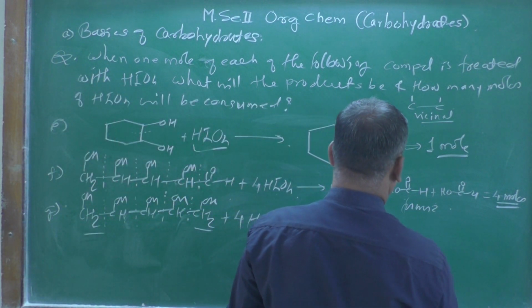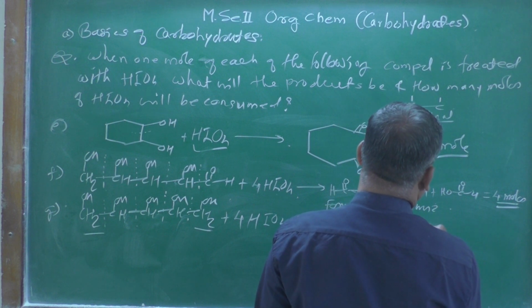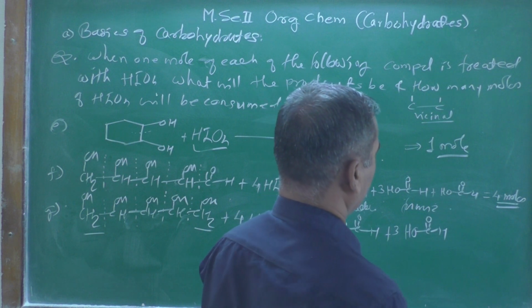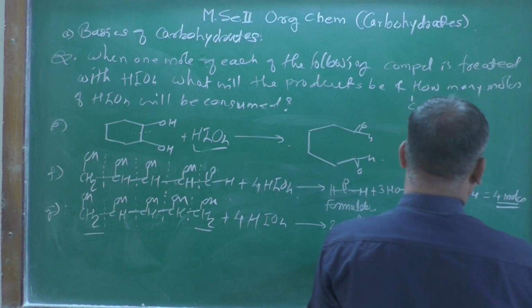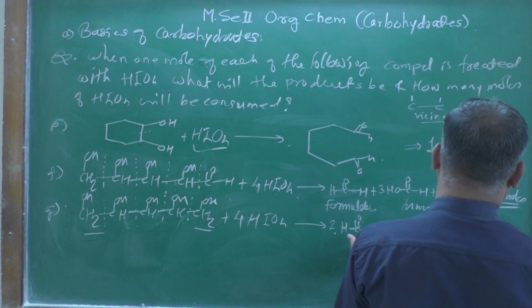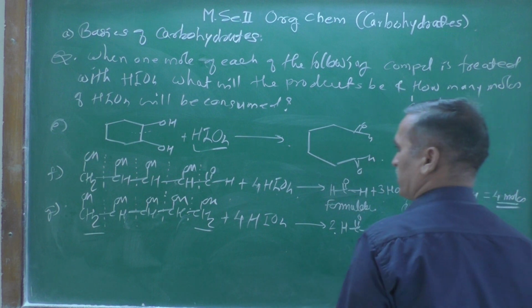Here you can write 3 formic acid, and the structure of formic acid, as we know, is HO, C double bond OH. This is the structure of formic acid, and how many moles are consumed? In total, 4 moles of periodic acid get consumed.